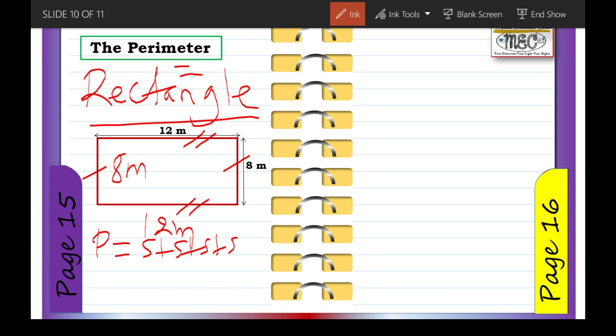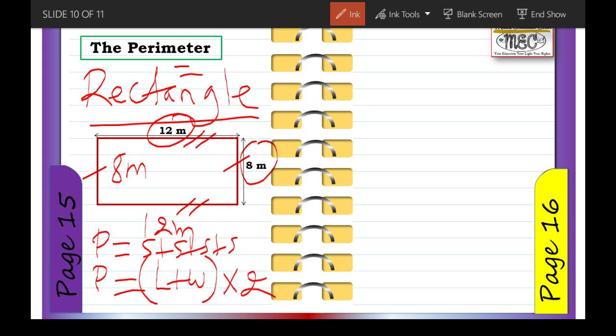Here we are not talking about the formula to find the perimeter, but as your information, you must know that for a rectangle, the perimeter is equal to the length plus width, means what? This side plus this. Because the two opposite ones are equal, we multiply by 2.